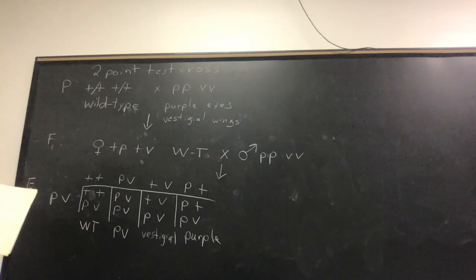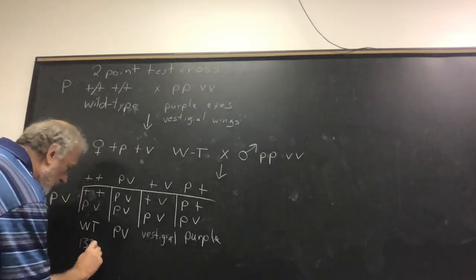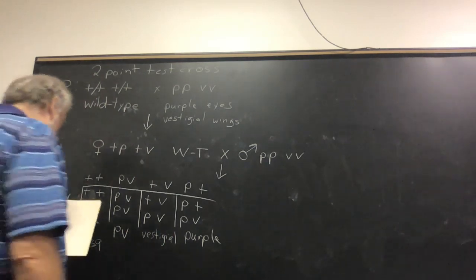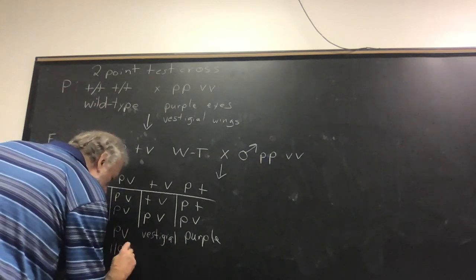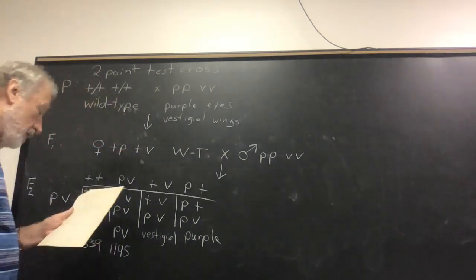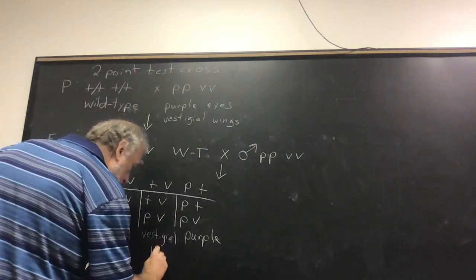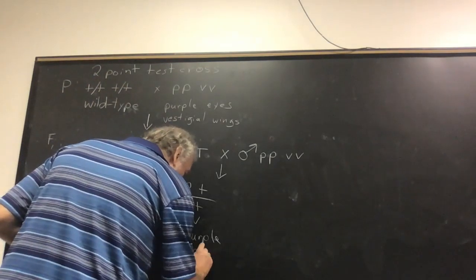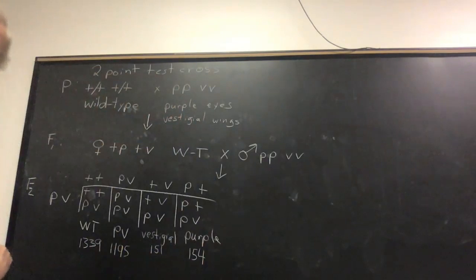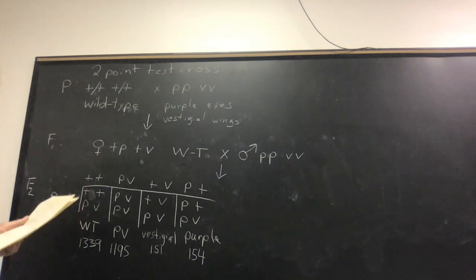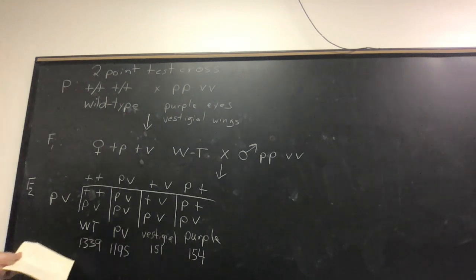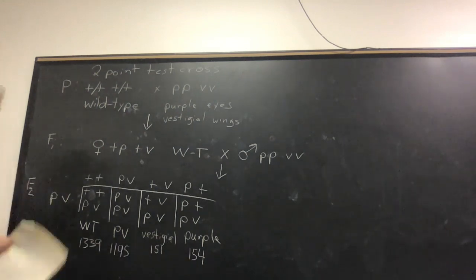Okay, now the data. We have 1339 wild type flies, 1195 purple vestigial, 151 vestigial, and 154 purple. These numbers will be given to you; you just need to know what they mean and what to do with them. The first two are much higher numbers than the second two, so they're the result of no crossing over.